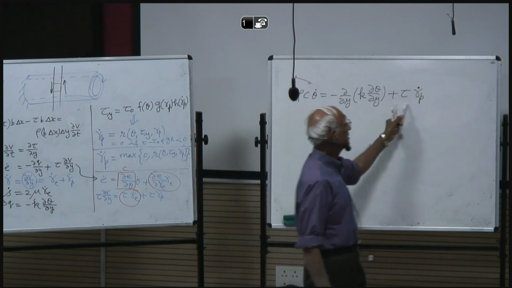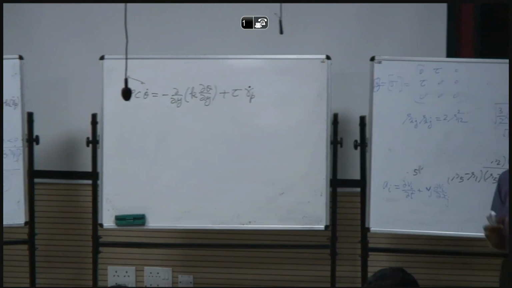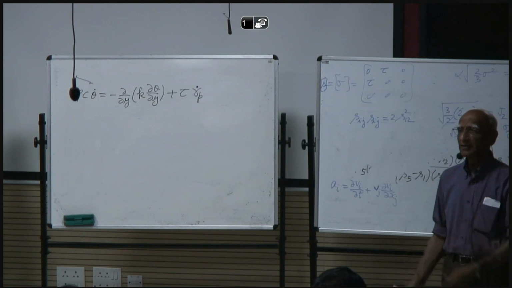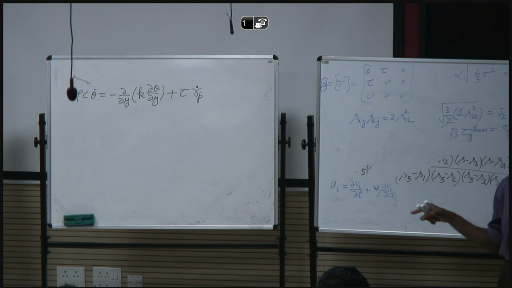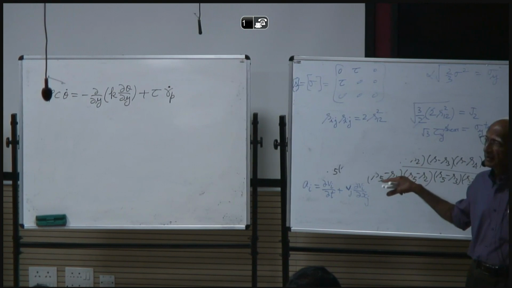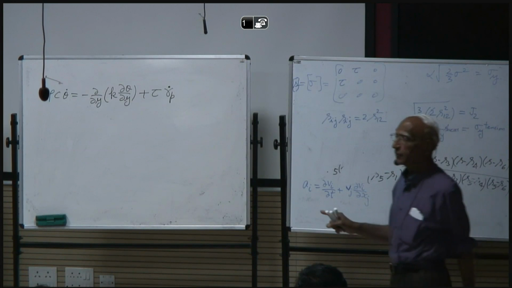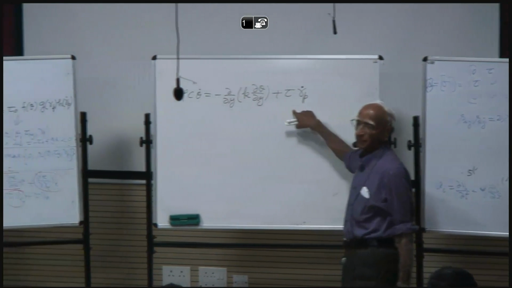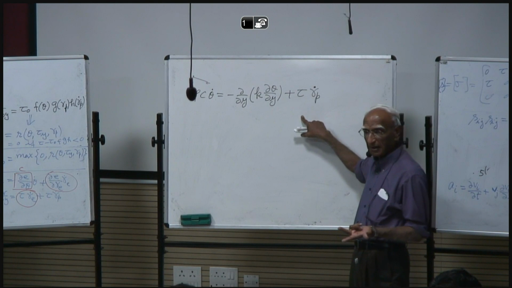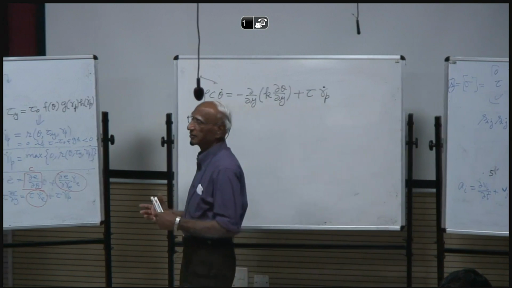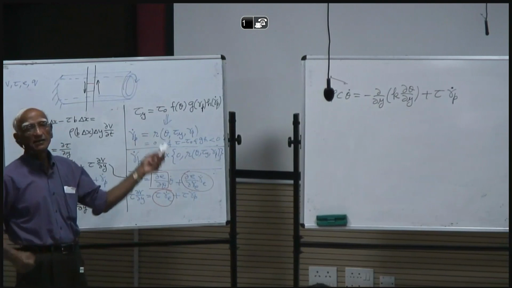This term is the plastic working, the rate of work done by internal stresses to deform the body plastically, that is generating heat, serving as a source of heat, and thus raising the temperature of the body. So if the body is deforming elastically, this term is 0. If it is deforming plastically, this term is positive, and there is heat generated in the body, and that's what causes the temperature to go up.